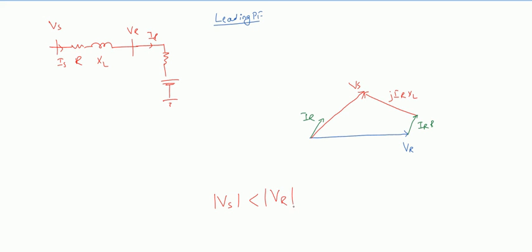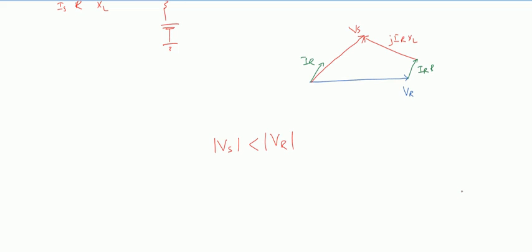Vs is less than Vr, but it is not always the case that Vs is going to be less than Vr. In case of leading power factor also, Vs can be greater than Vr, or can be equal to Vr. But just for the understanding purpose right now, because in the previous cases Vs was always going to be greater than Vr. But in the leading power factor case, it can be either greater than Vr or lesser than Vr.